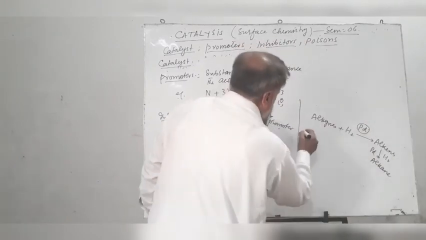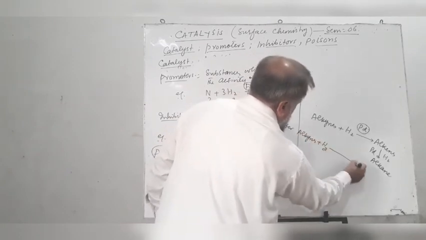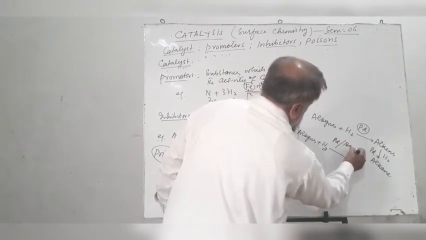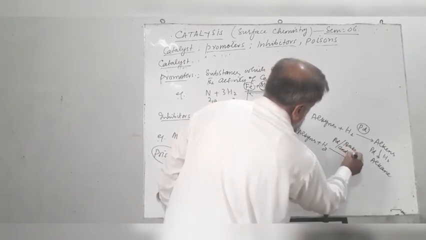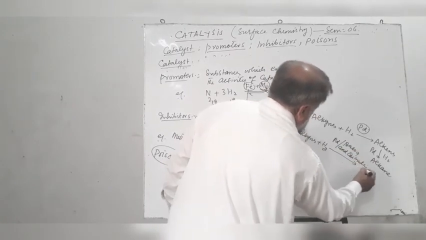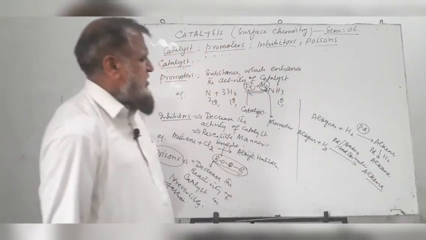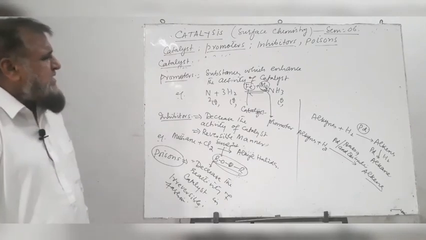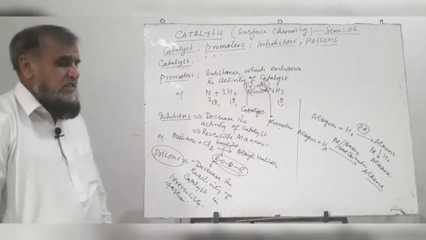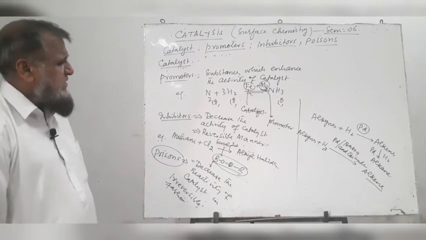However, if the palladium catalyst is partially poisoned with barium sulfate and quinoline, which act as poisons, then we will only get alkenes and the reaction will not proceed to the final step, that is alkanes. Thus, in this case, barium sulfate and quinoline are acting as poisons for the catalyst, and they are decreasing the activity of catalyst.